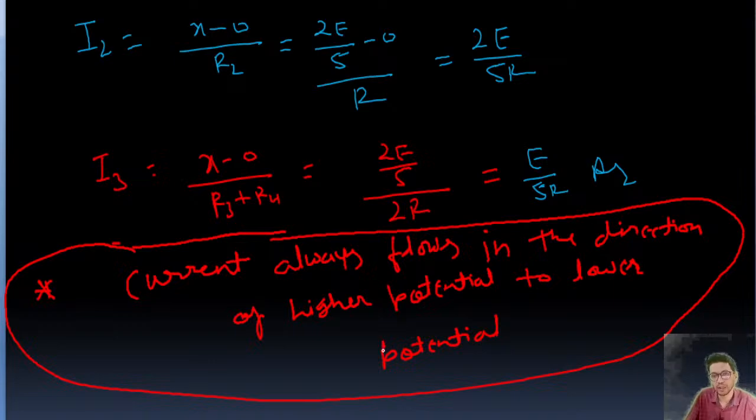Very important point. So the current will flow from higher potential to lower potential, like in thermodynamics, energy flows from high temperature to lower temperature. Similarly, current flows in the direction of higher potential to lower potential. Okay.